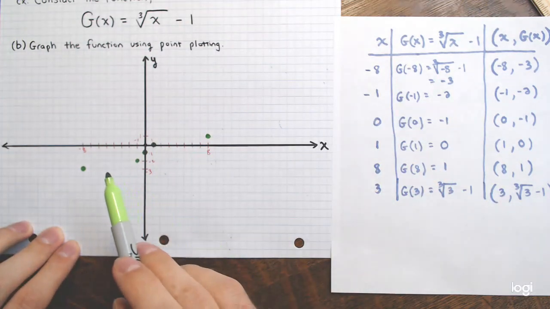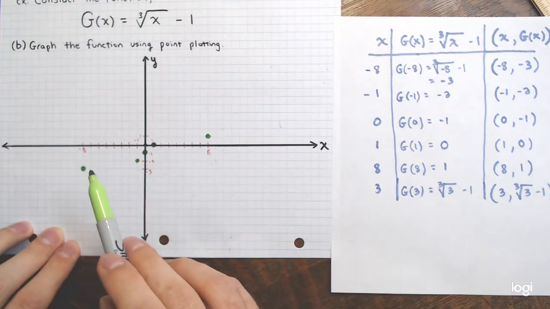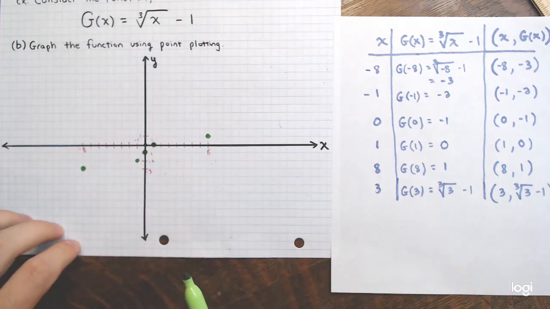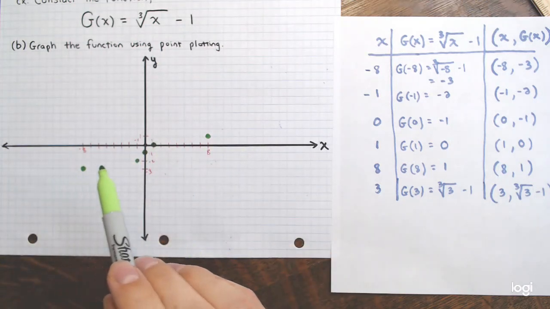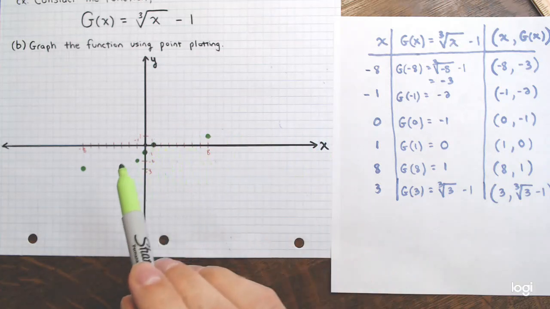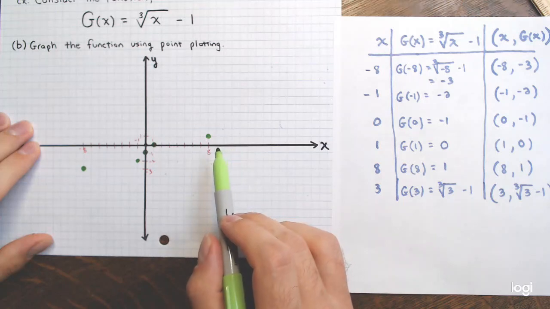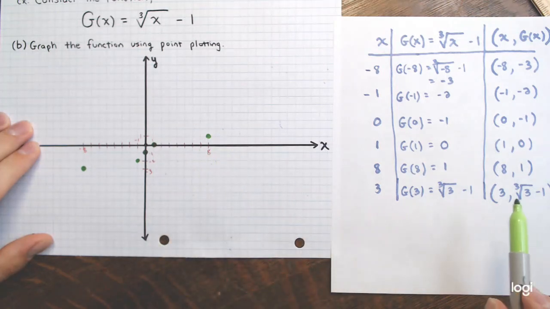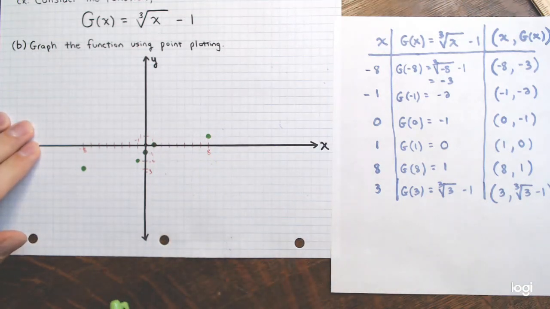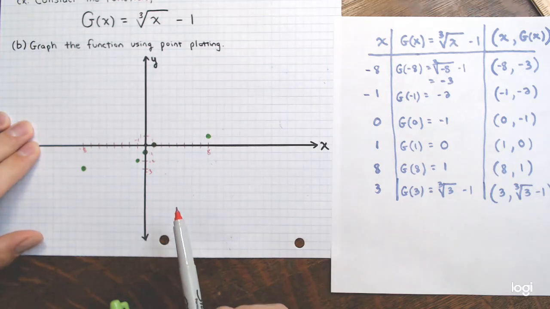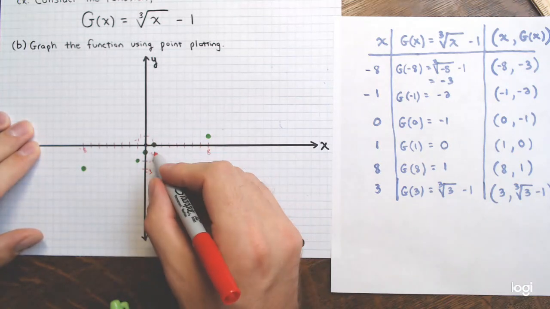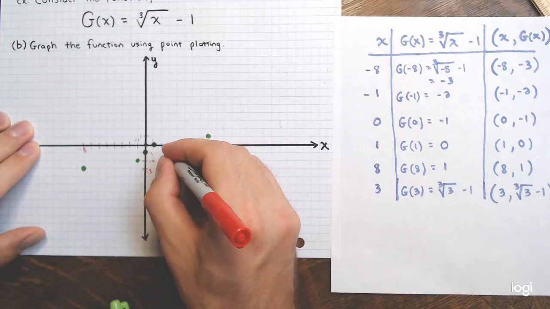Now hopefully you see it's not a straight line, right? These points are not forming a straight line. They form more of an elongated S-curve. Right, and if you wanted to see other points, this last one, you can eyeball it if you want. Got input 3, so 3 on the x-axis.